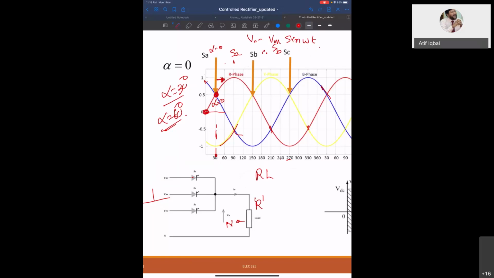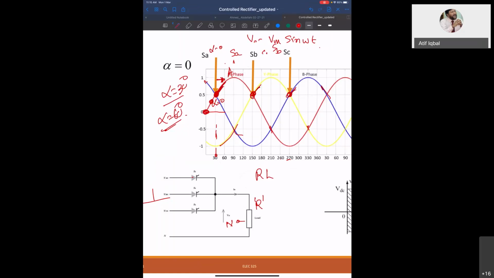So the reference point of alpha is itself at 30 degrees of the sine wave. Because only after this point is your phase A voltage more than the other voltages, you cannot operate your SA before this point. You can operate your SA only after this point, your phase B only after this point, and your phase C only after this point.